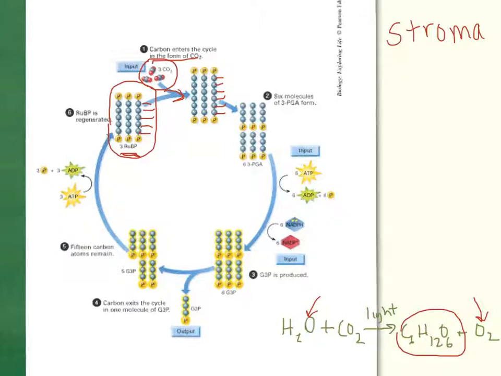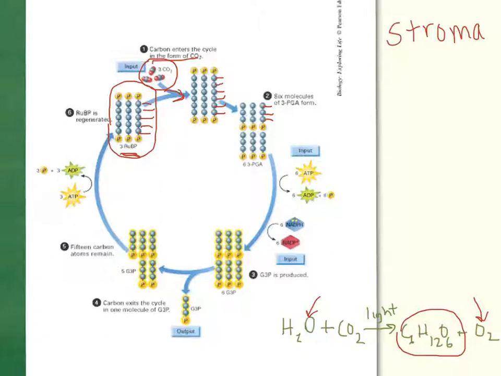However, those 6-carbon molecules are not very stable at all, and so they split. When they split, you end up getting these 3-carbon molecules, which are called PGA. PGA stands for phosphoglyceric acid. It's only an intermediary form, but it's important to the process of the Calvin cycle.